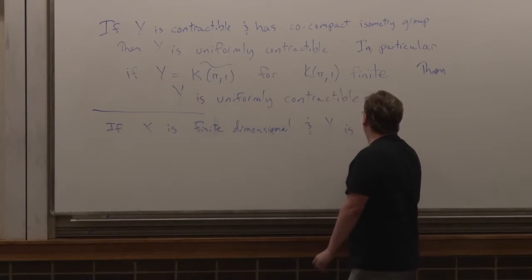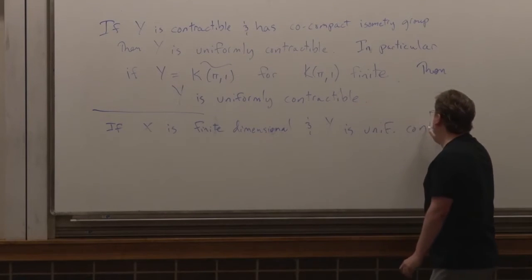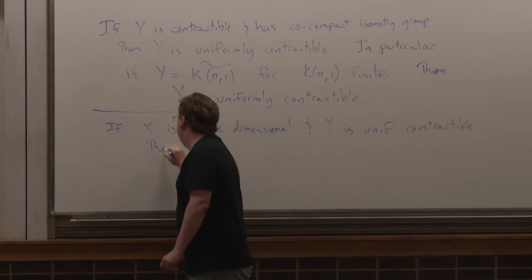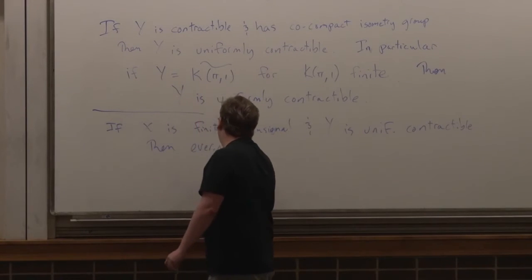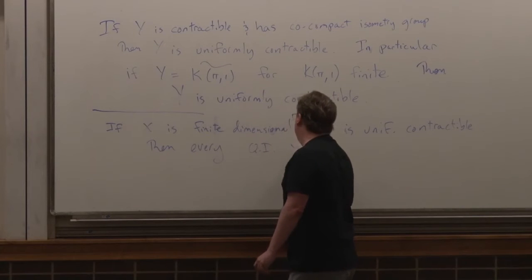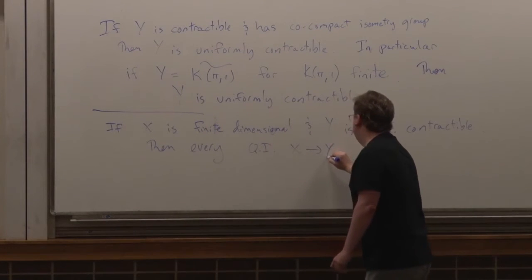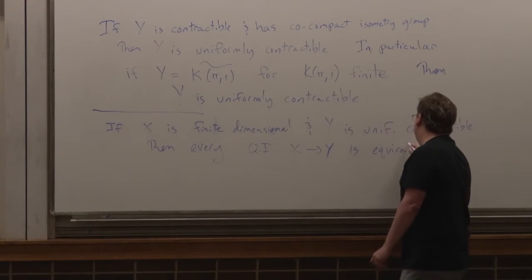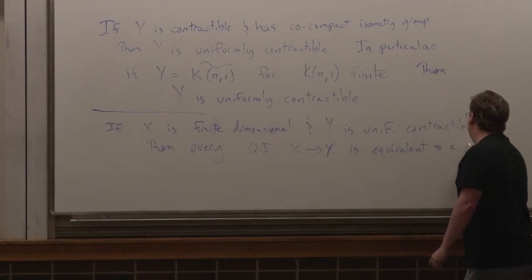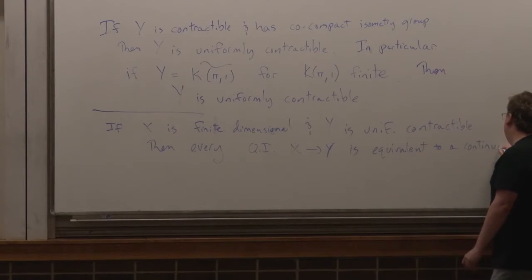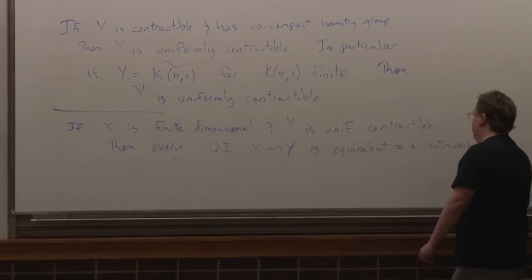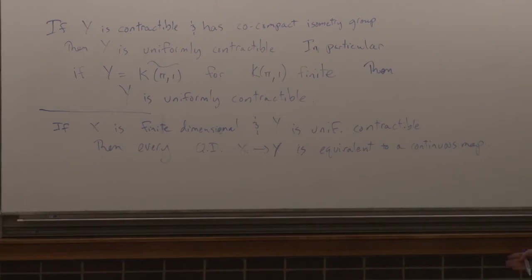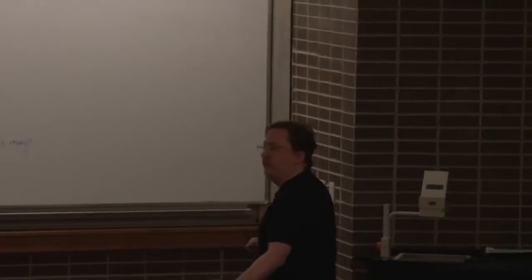and Y is uniformly contractible, so if our target is uniformly contractible, we can improve our quasi-isometry to make it continuous.